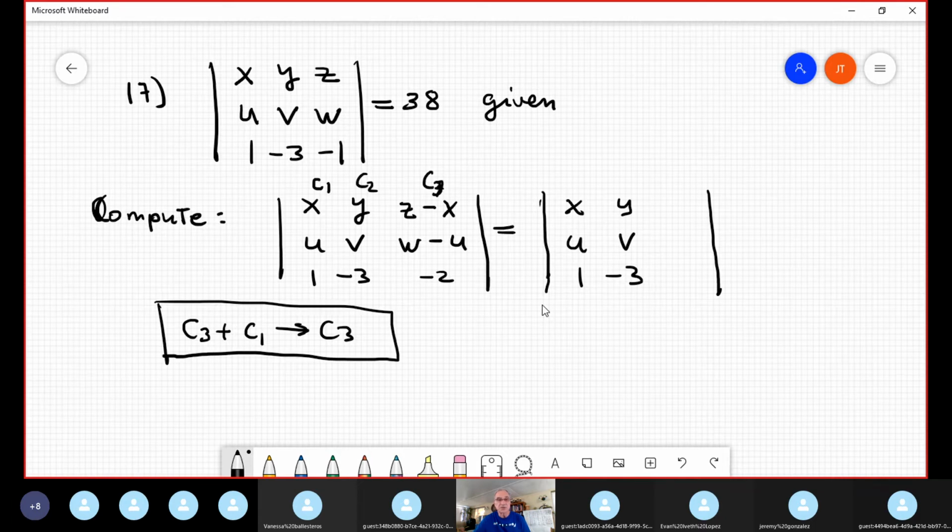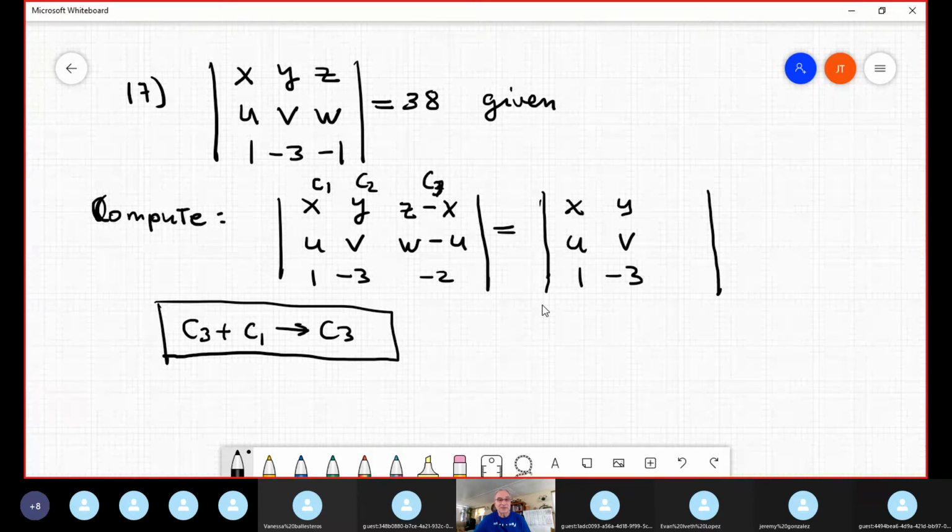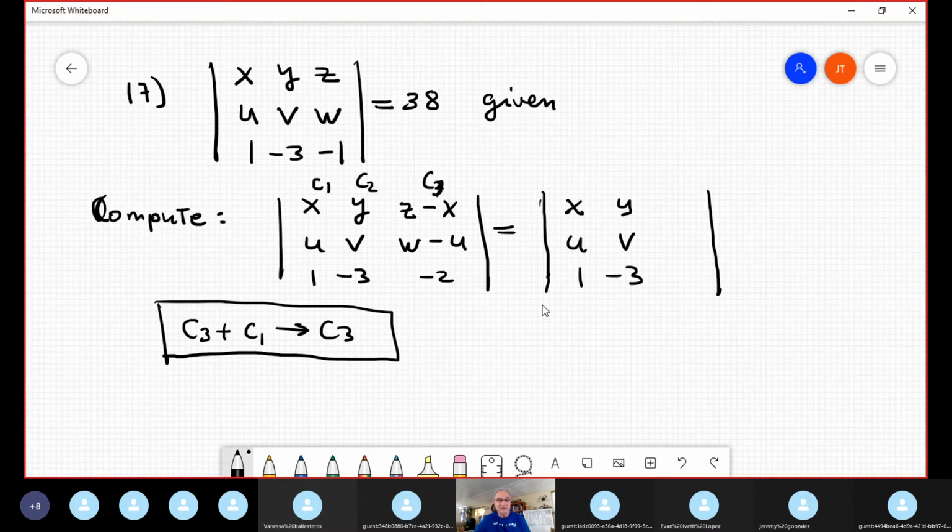It basically is you adding this plus this, plus this, and this plus this. So actually c minus x plus x is c, because this and this cancel.